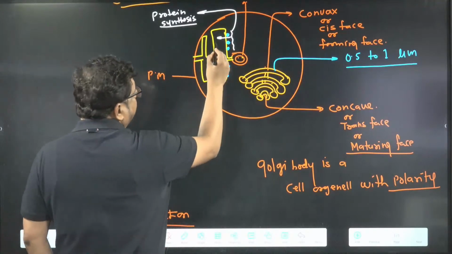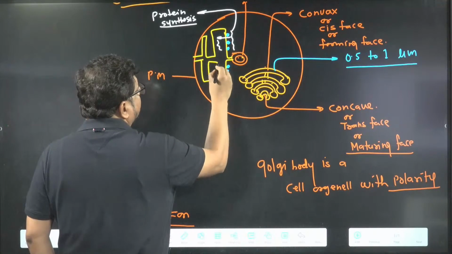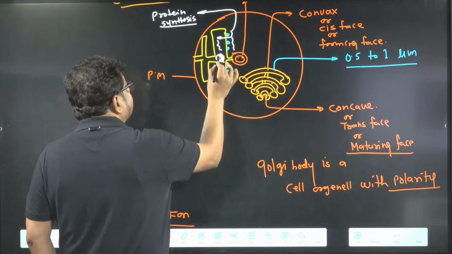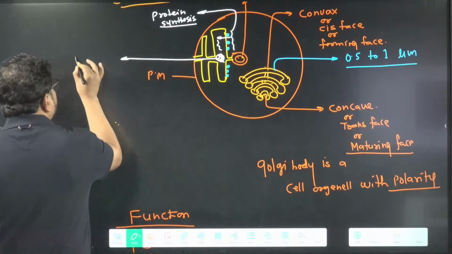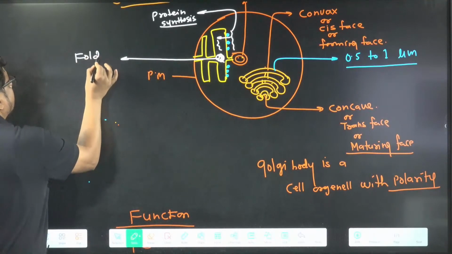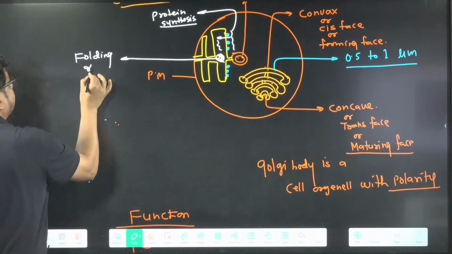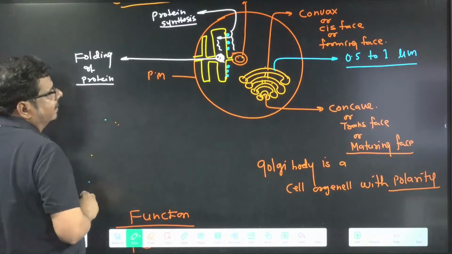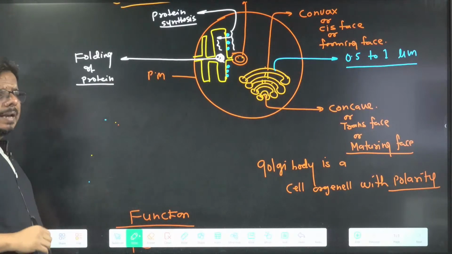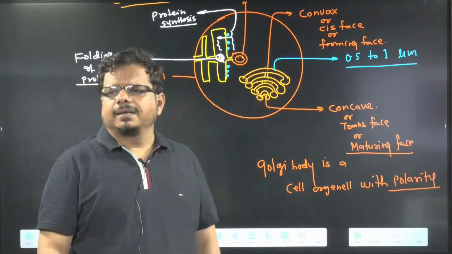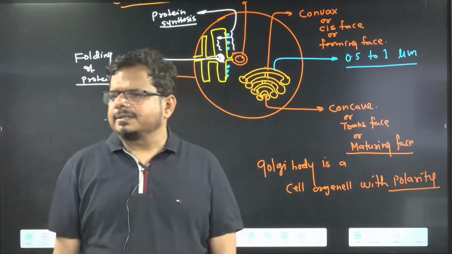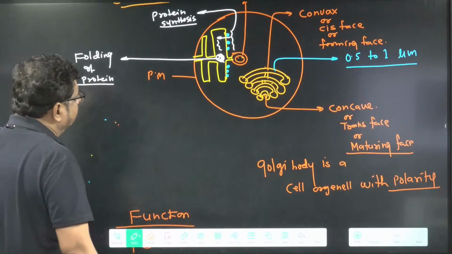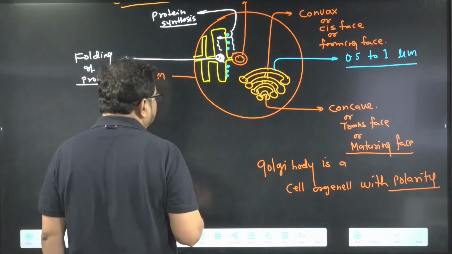These proteins come inside the lumen of ER and go for folding. Folding of protein occurs in the ER, and folding converts the primary structure into the secondary structure into the tertiary structure. Able to understand or not? So these changes in protein occur in the endoplasmic reticulum.